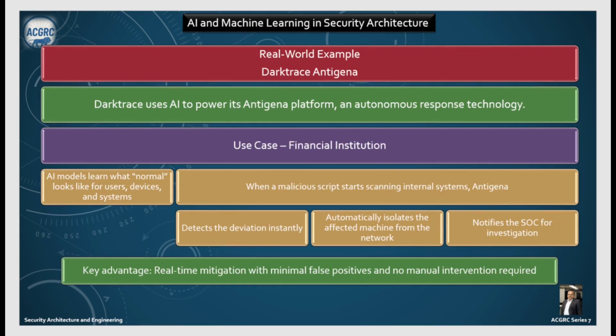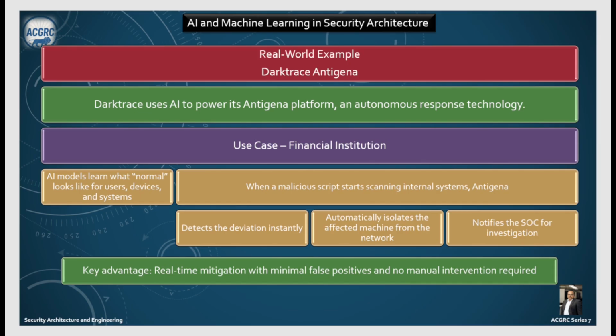Real world example? Well, Darktrace uses AI to power its Antigena platform, an autonomous response technology. It's used in a financial institution wherein the AI model learns what normal looks like for users, devices, and systems.